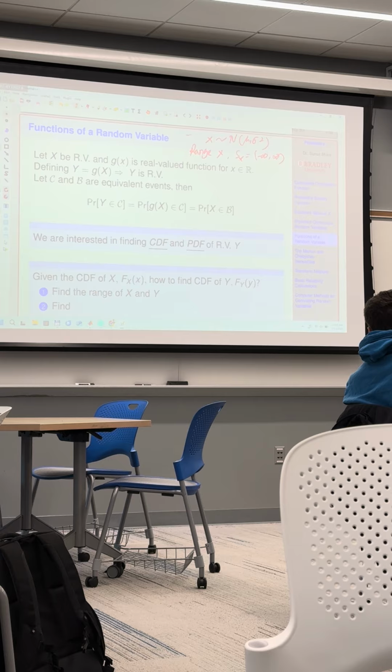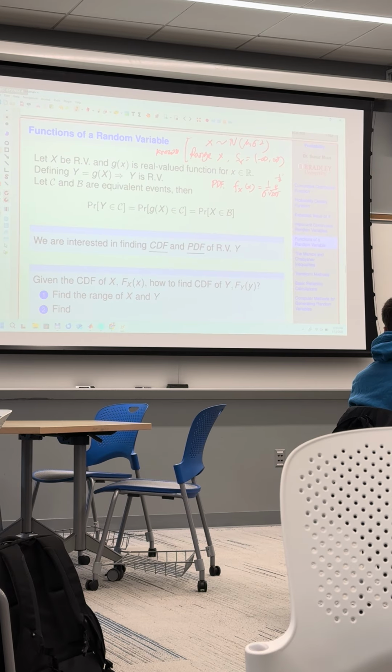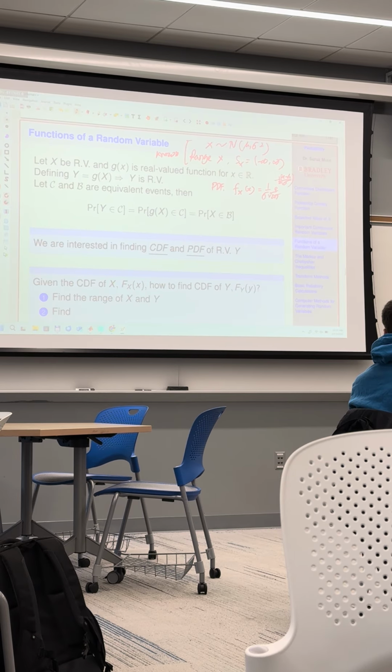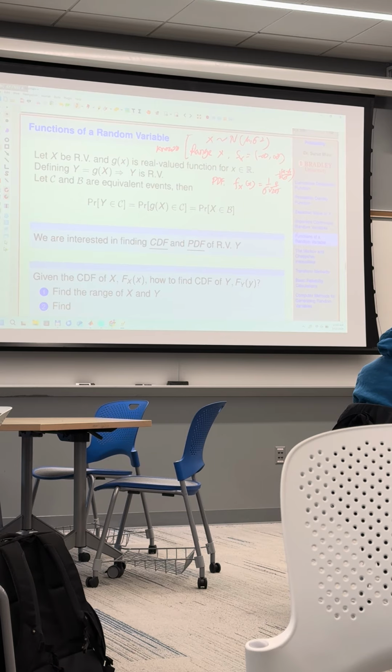So this is known. Also known is the PDF, f sub X of x. Because this is a Gaussian random variable, we know that it is 1 over sigma square root of 2 pi, times e to the negative half of (x minus mu over sigma) squared.